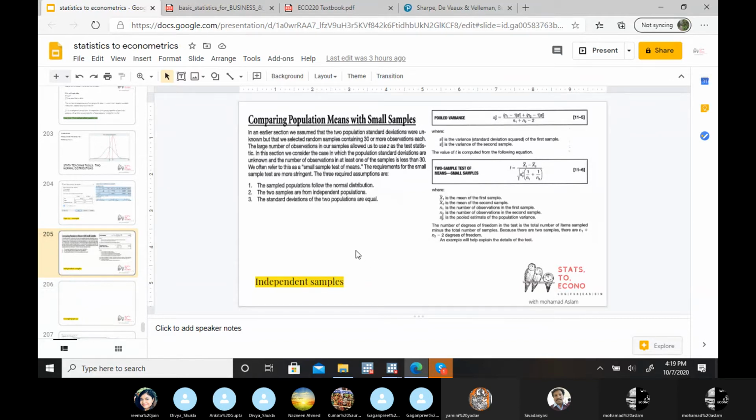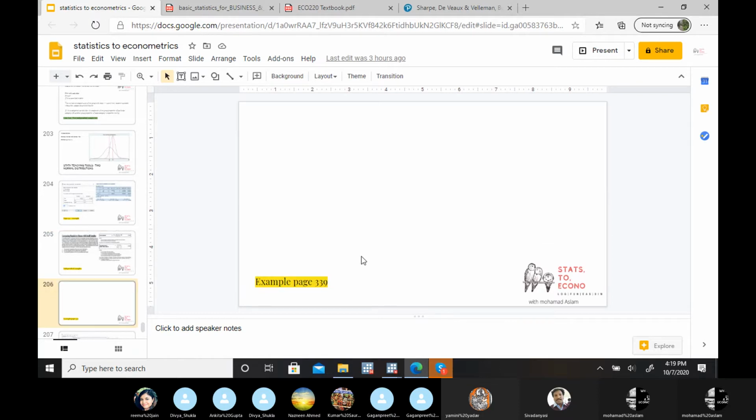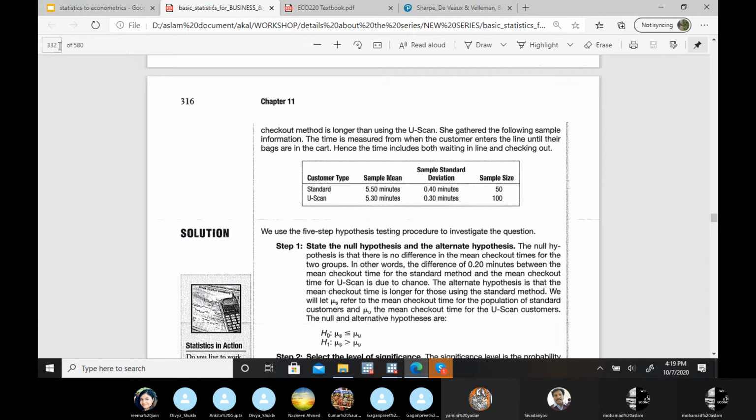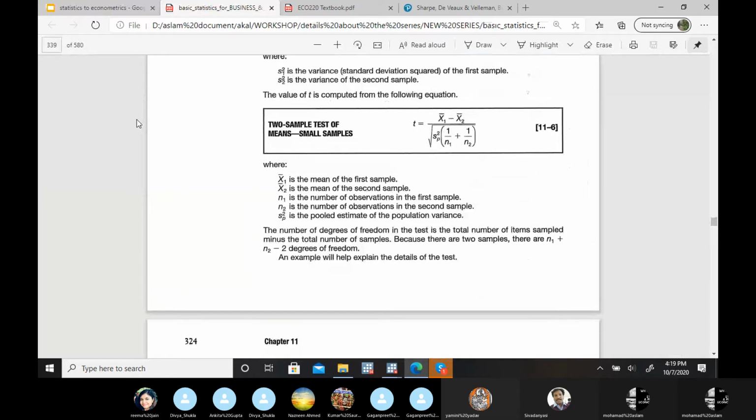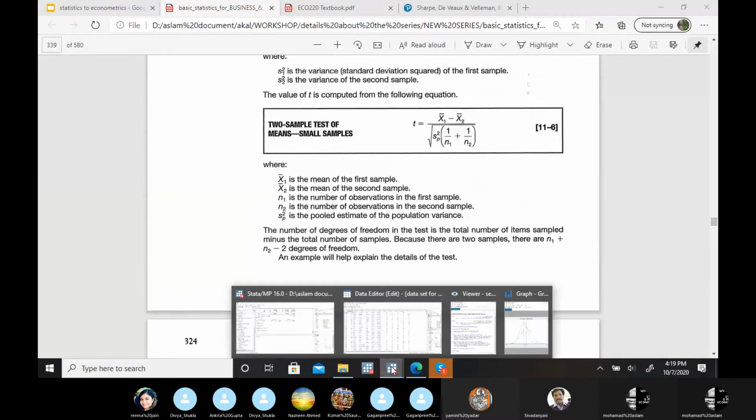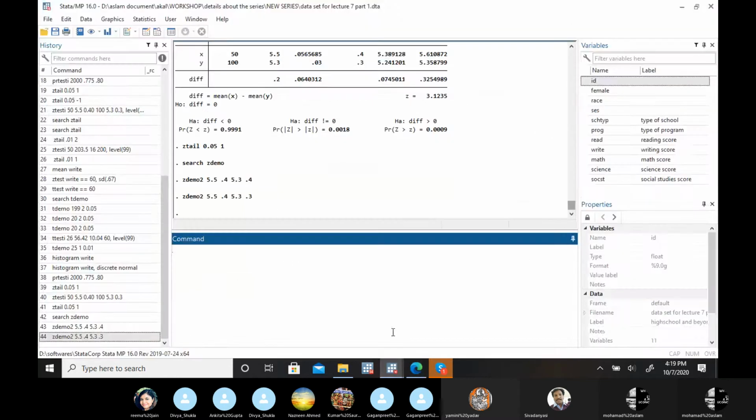The sample populations follow the normal distribution, the two samples are from independent populations, the standard deviations of the populations are almost equal, and we have a case of small sample size, so you have to use t-test in place of z-test. Before doing another example, let me do it with one data set first, because we already have a data set.